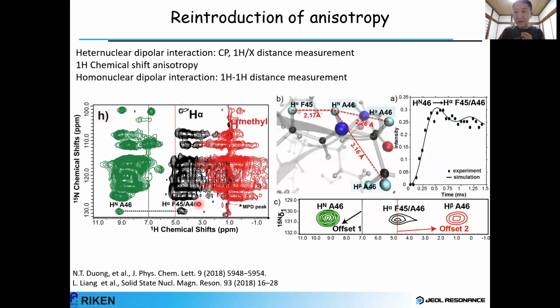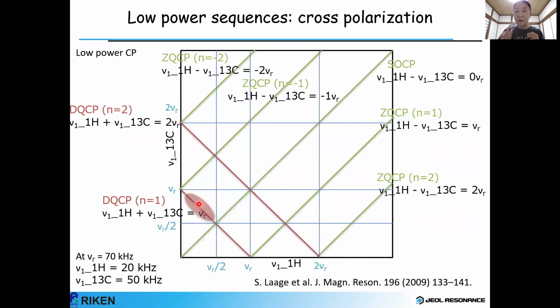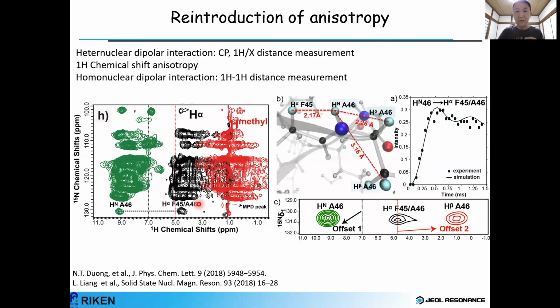The heteronuclear dipole interaction is already removed by magic angle sample spinning. But if we carefully adjust the RF field strength, we can reintroduce the proton carbon-13 heteronuclear dipole interaction. So this is one way to recouple the heteronuclear dipole interaction, and this experiment can be used for distance measurement between the proton and X nuclei.